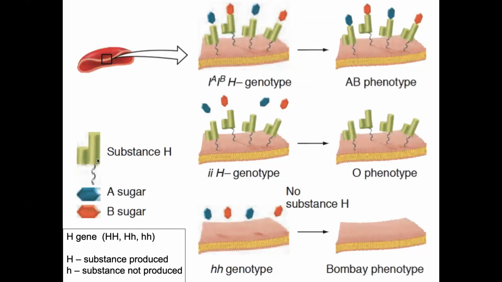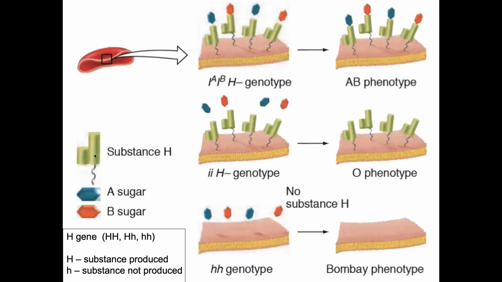The I superscript B allele adds a B sugar to that substance H to produce a B phenotype. If you carry both alleles, you'll be AB, and both sugar types will be added to substance H. If you're homozygous for the O allele, the O allele doesn't add any sugar to substance H, so you'll be of the O blood type.